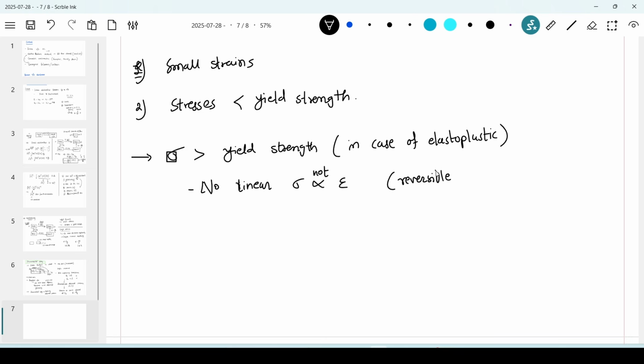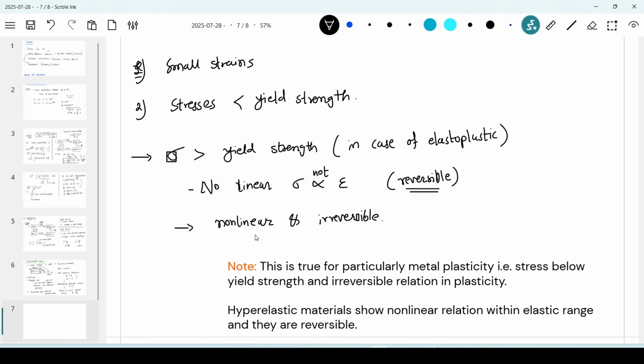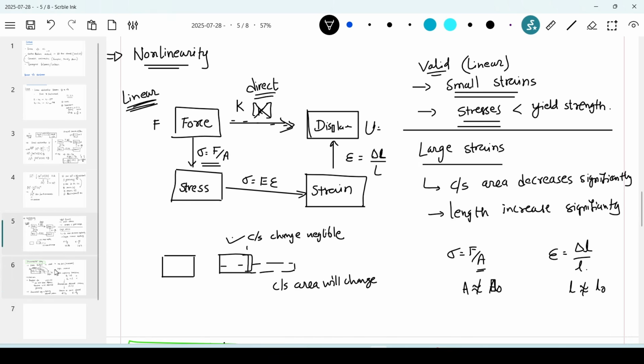In linear analysis, we assume that it is a linear relationship and also reversible, but in non-linear analysis, the relationship is non-linear and irreversible, like in the case of elastic plastic. So when the relationship is changing, as we can understand, we are not actually finding the stresses.